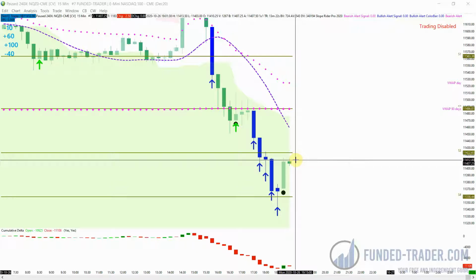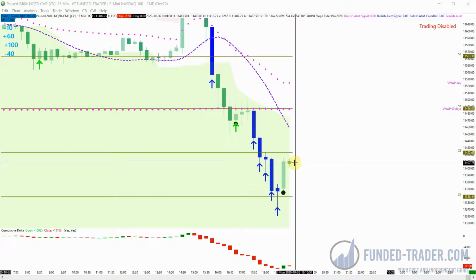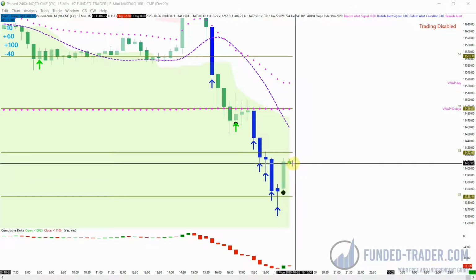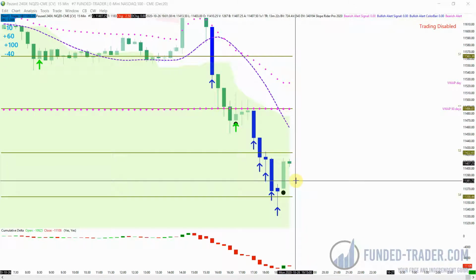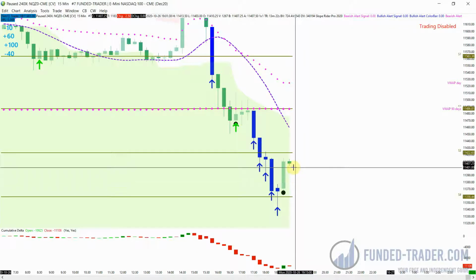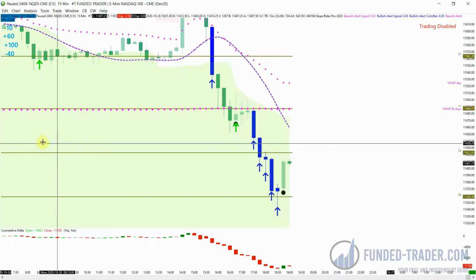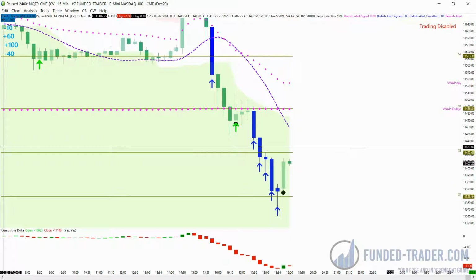NASDAQ. So I would like to take an entry, wait for this to rotate slightly, and take an entry down here to get a better price. Okay, but eventually just enter anyway, as long as you are within your stop loss.